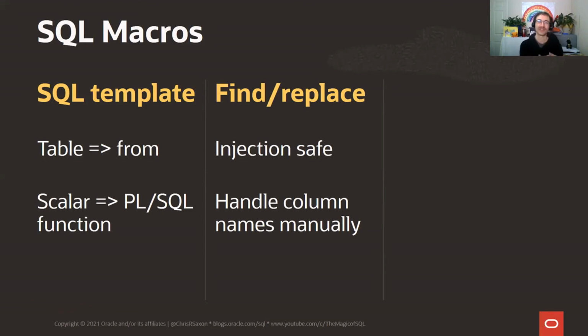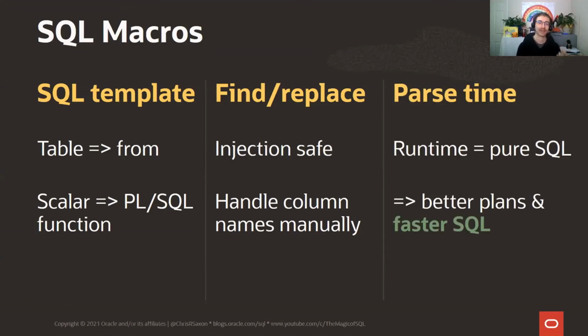But it is worth noting this substitution only happens for table type parameters and other data types. If you've got a list of columns, you have to bind them, add those into the string yourself manually. Finally, this resolution happens at parse time. So it's a one-time operation when parsing. So that means at runtime, it's like, function doesn't exist.